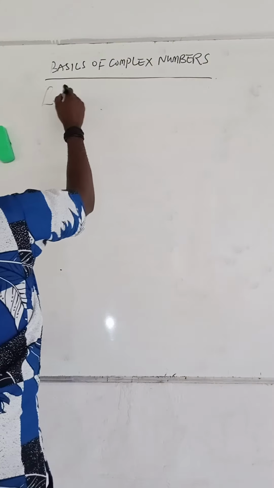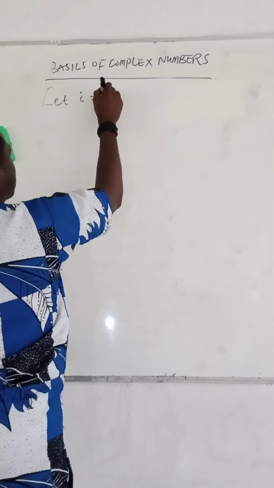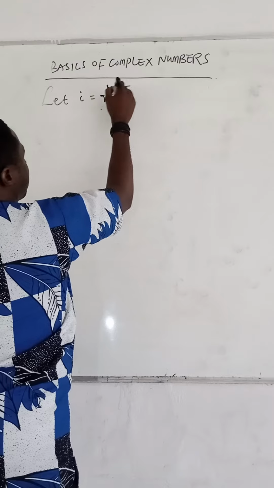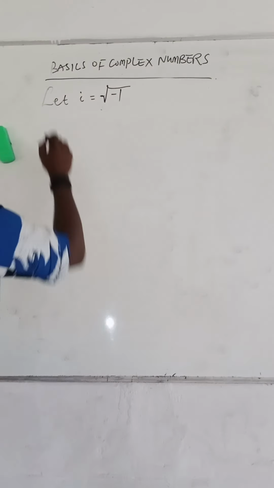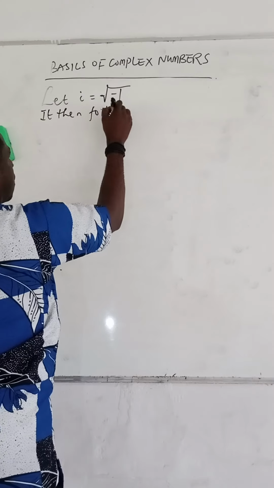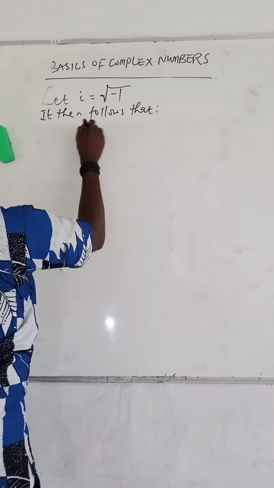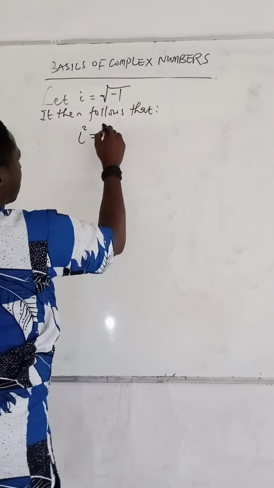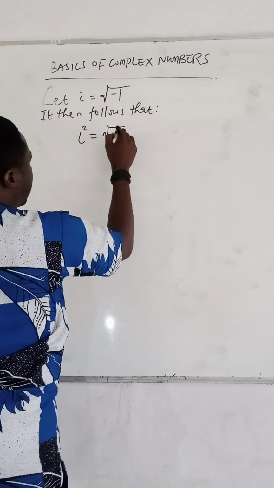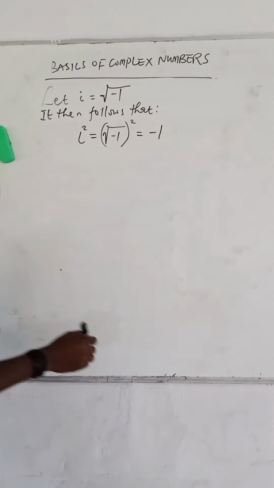Now, if we let i, as a complex number, be equal to the square root of minus 1, it then follows that i squared equals minus 1 all squared, which equals minus 1.